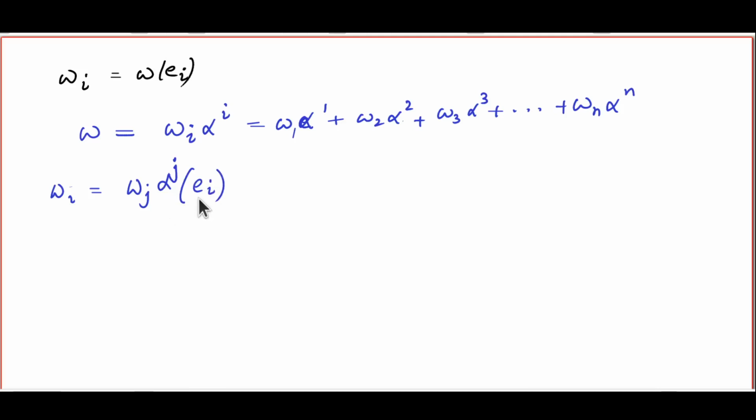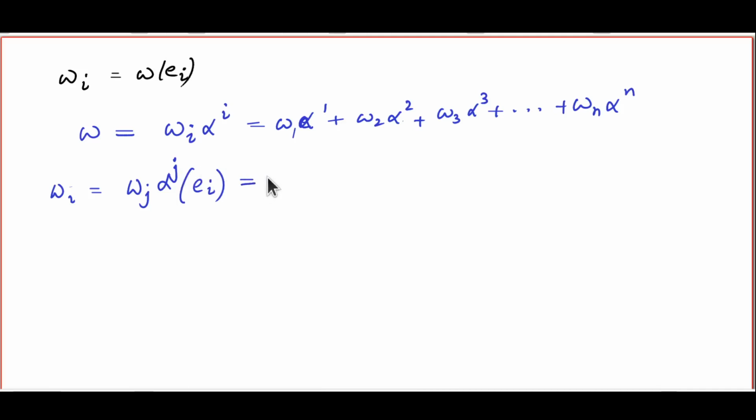Remember here, e_i is the ith basis vector for the vector space underlying the whole thing, and alpha^j is a jth covector basis. And needless to say, I have used an upstairs index to denote the jth basis vector simply in order to keep the upstairs downstairs convention for summation intact.